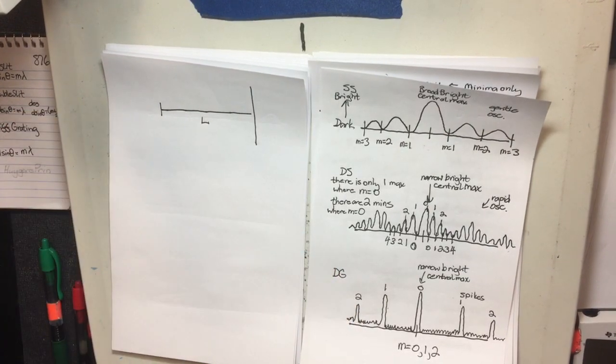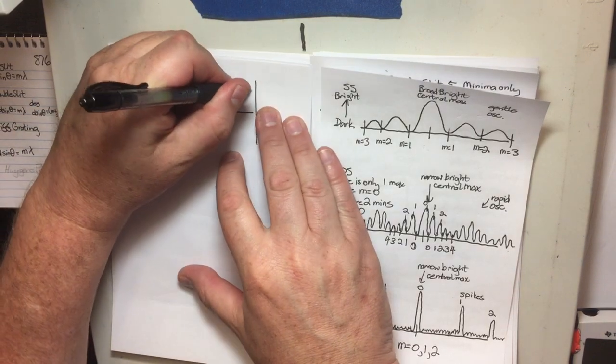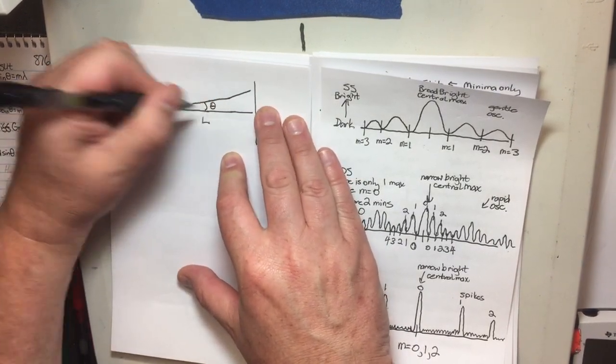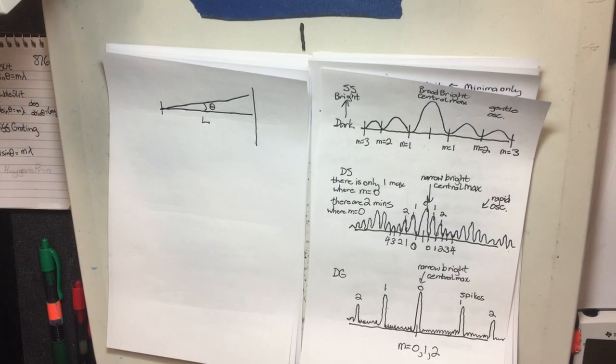So we've got the distance from the slits or the grating to the wall. We've got the angle theta. So if I gave you a series of information, you could find the angle at which that maxima is above or below.